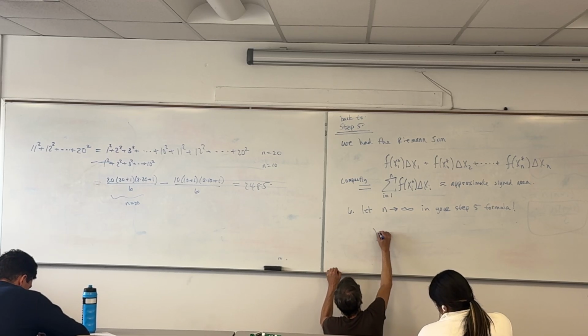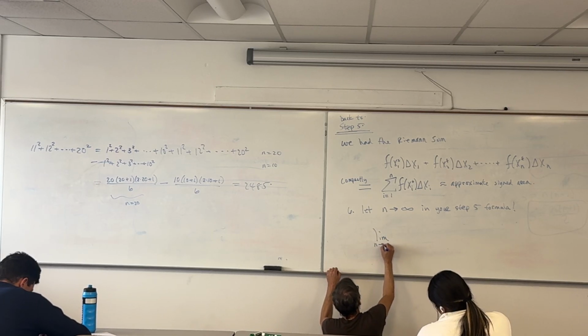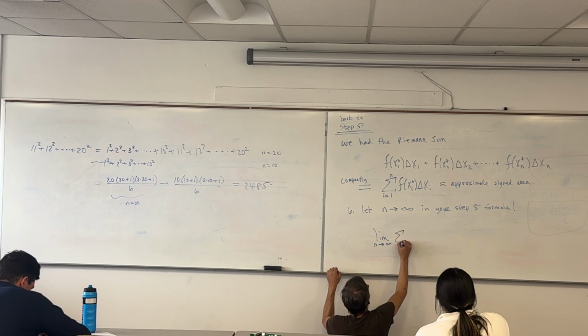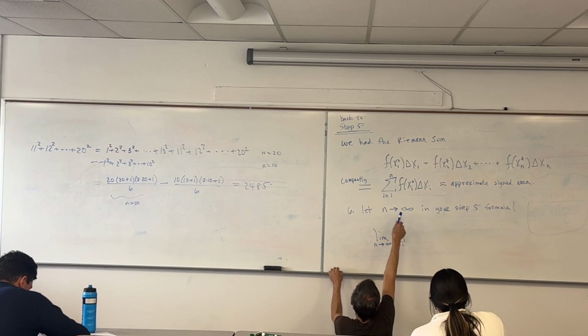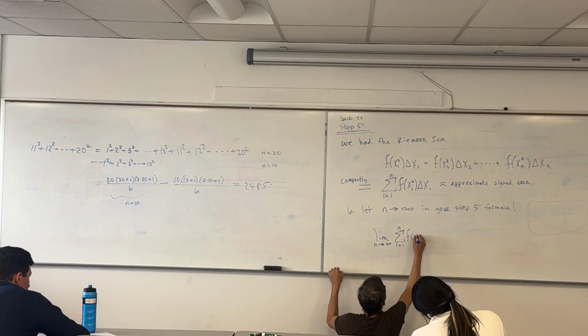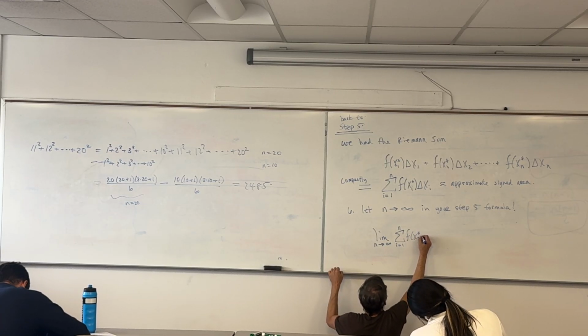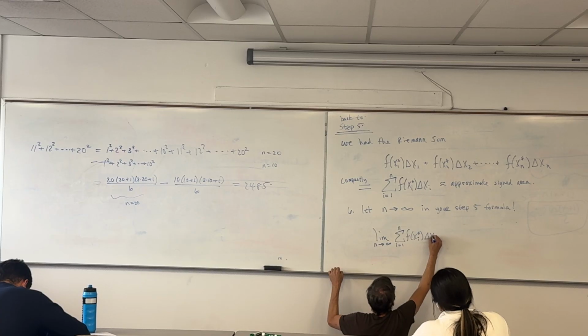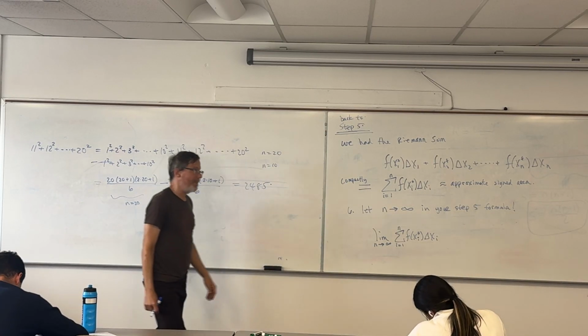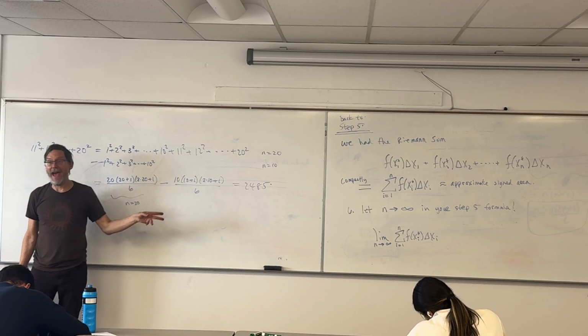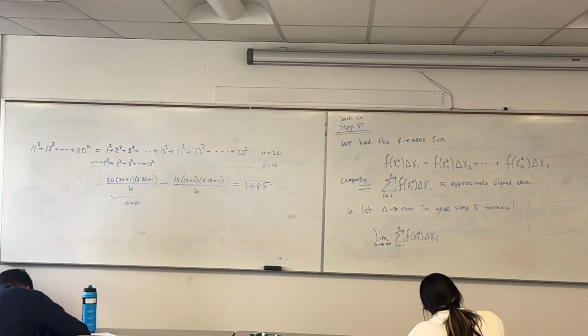So it's the limit as n goes to infinity of the sum i equals 1 to n. It's that thing I'm writing up there, that Riemann sum again. And that is the precise area.